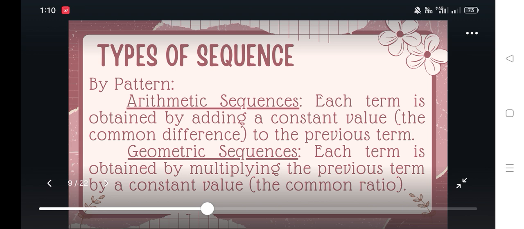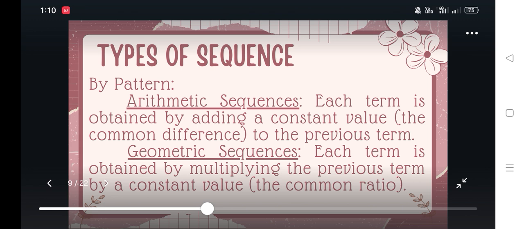We also have another one by pattern. We have arithmetic sequence, geometric sequence, Fibonacci sequence and so on. Daghan pa ng mga pattern, but we will only focus on these two sequences. So again, we have arithmetic sequence. Each term is obtained by adding a constant value, the common difference, to the previous term.